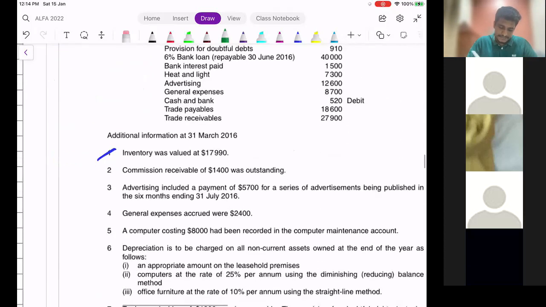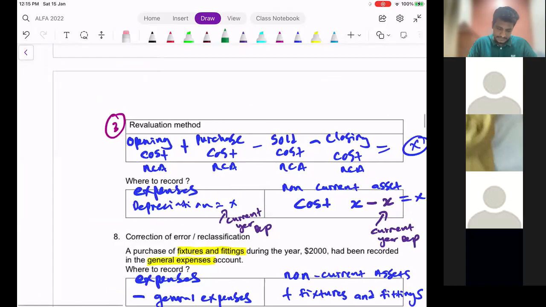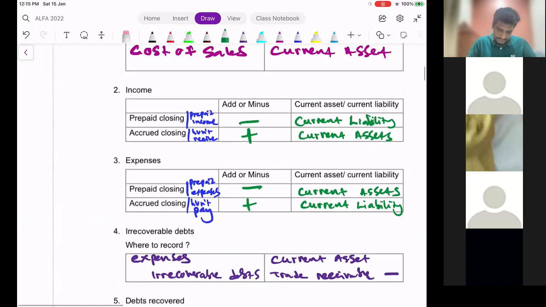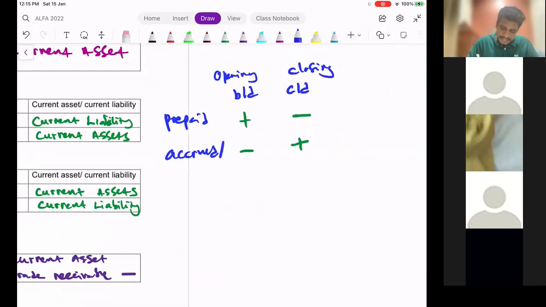Okay, next one. Commission receivable outstanding. What is outstanding? Another name for accrued is outstanding.